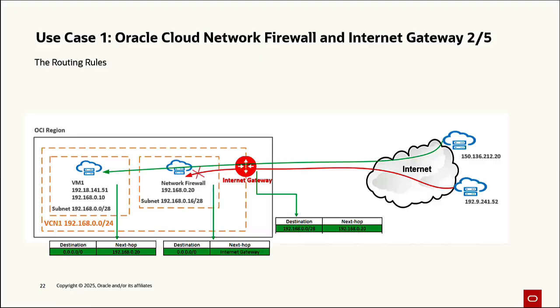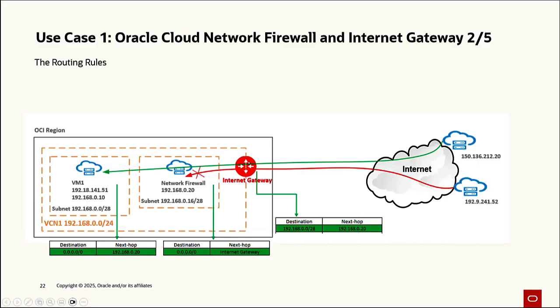The reverse traffic, the traffic that is sent from the internet to our VMs, will hit the internet gateway, and here the internet gateway will have its own route table associated. This route table will contain a specific route for the subnet where our VM1 is located, and this is 192.168.0.0/28, via the network firewall as a next hop.